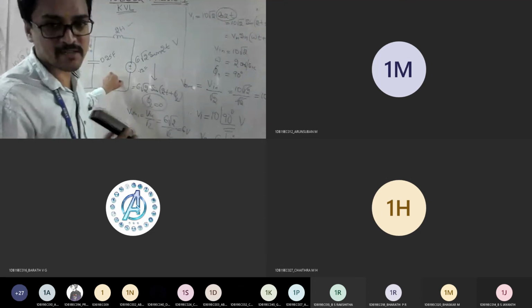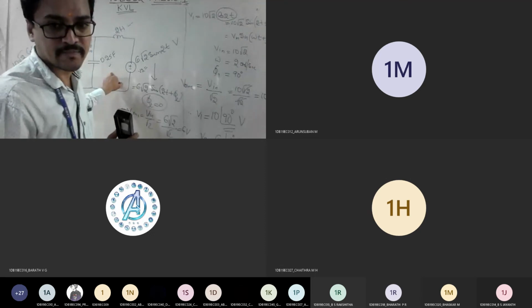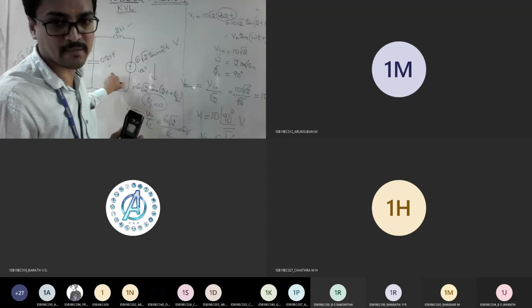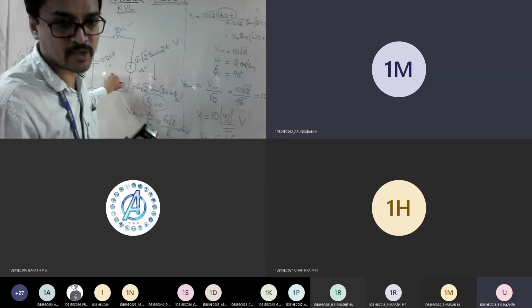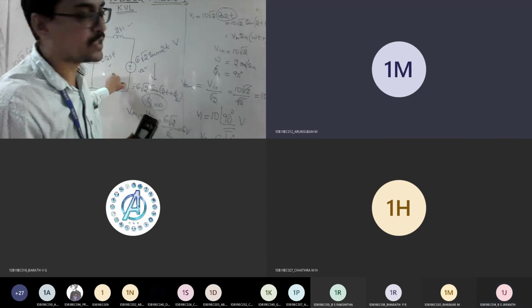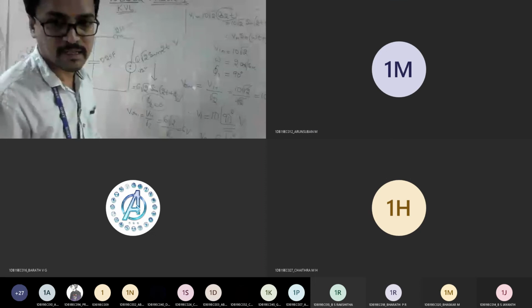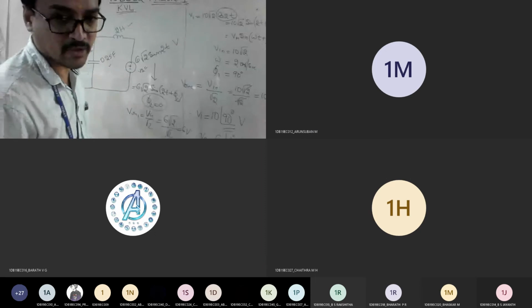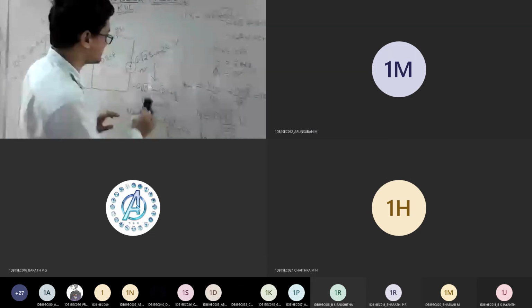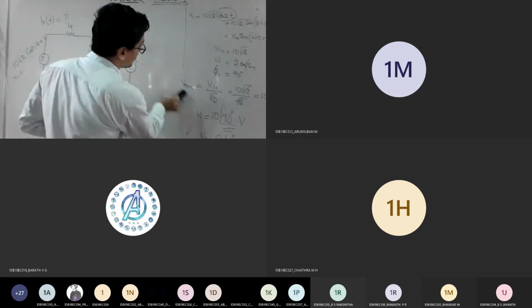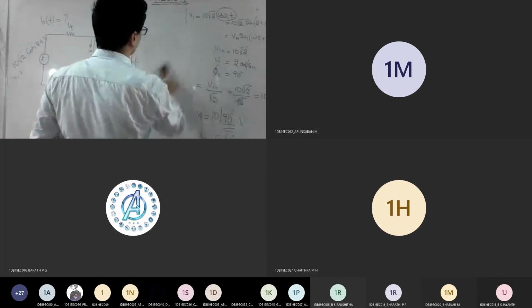So can anyone tell me what is the formula to convert in terms of Henry to your complex term? Which logic you will use? XL equals omega L. Very good. So everyone remember the logic of your reactance? Did we talk about reactance with respect to series and parallel resonance?